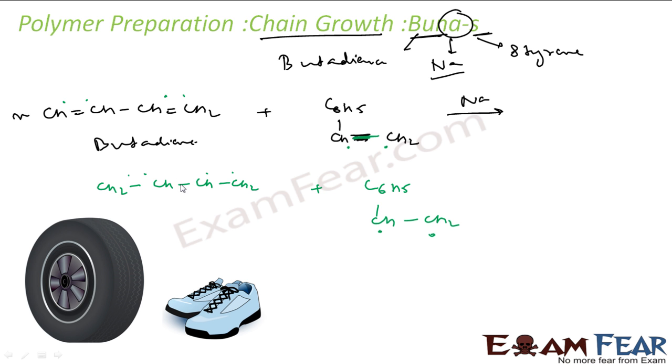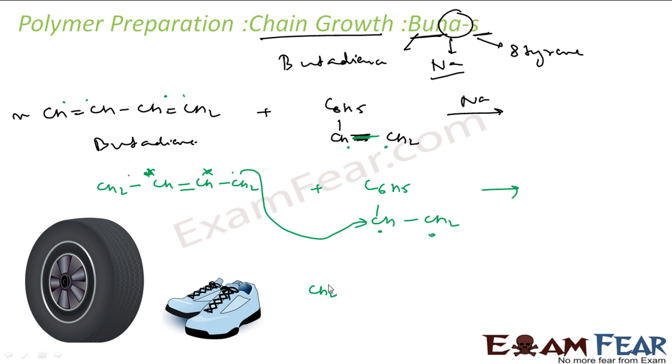Okay. Now, these two lone pairs will form a bond. This lone pair is gone, this lone pair is gone. So, I have these many lone pairs. Now, this lone pair will form a bond with this lone pair.